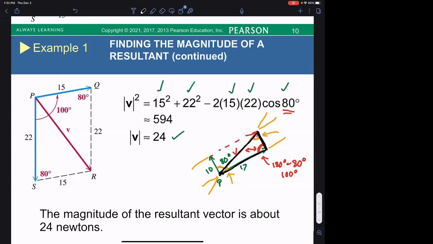Thank you. So we know this side is length 10, this side is length 17, and the angle between those is 100 degrees.